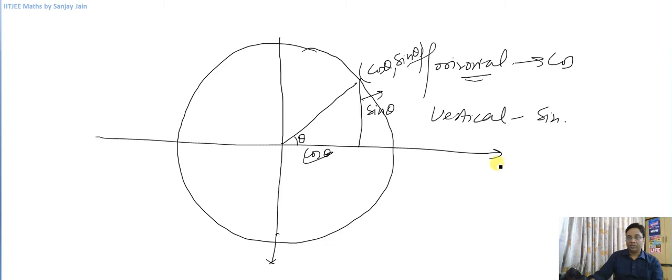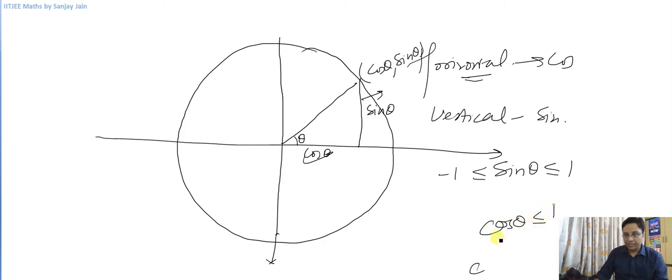And we have also learned by now that sine of an angle can be maximum 1 and minimum negative 1. Otherwise it will be between negative 1 and 1. It can never go beyond 1 or below negative 1, right? This much we have learned. And what about cos?